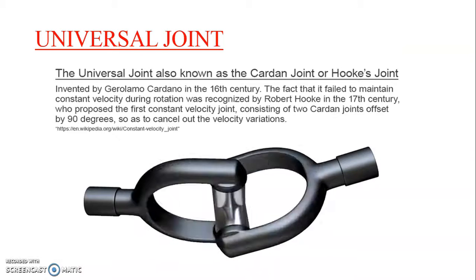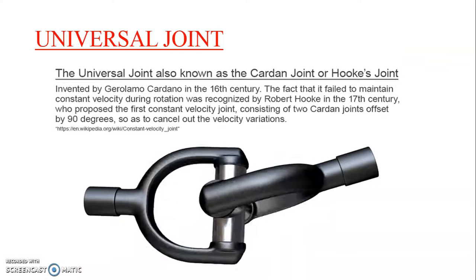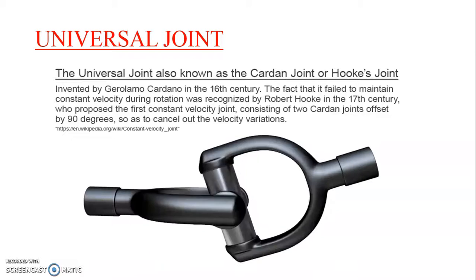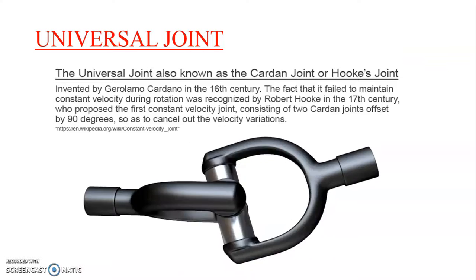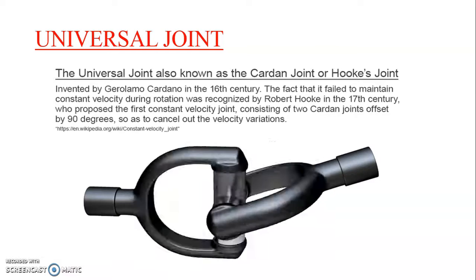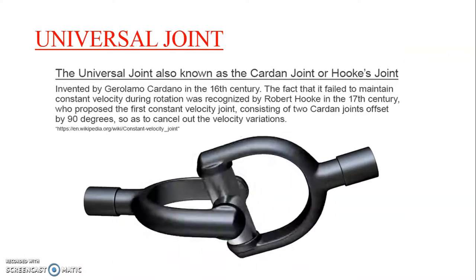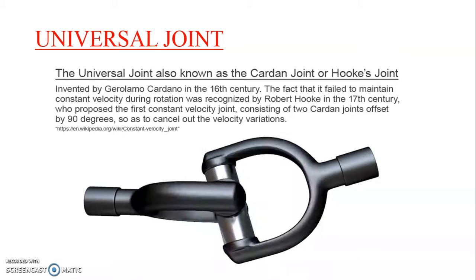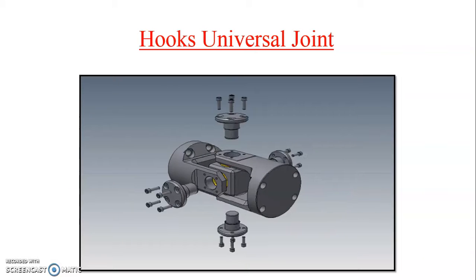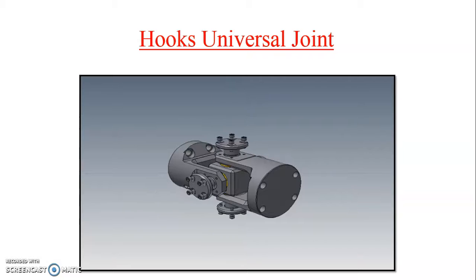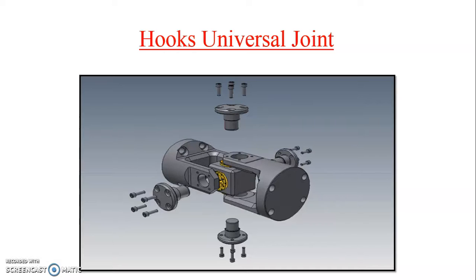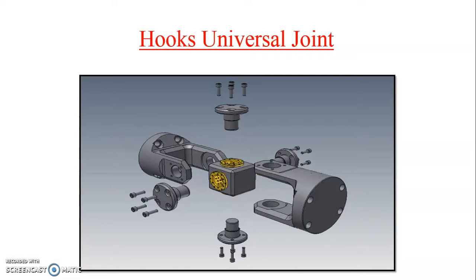Getting a constant velocity ratio means the speed at the gearbox must be the same as the speed at the differential or rear axle, and that should be taken care of by these joints. Here we have seen the 3D diagram of the universal Hooke joint. We already know its construction and working, as you studied in second year mechanical engineering, semester 1.